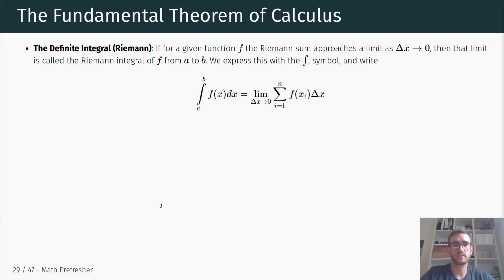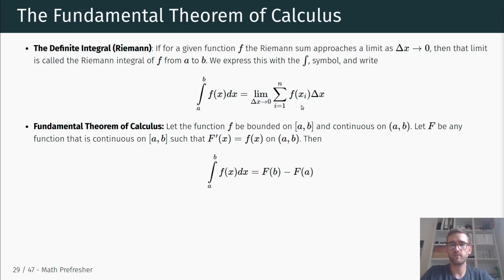And we can express this integral using, again, the integral symbol, and write this as the integral from a to b of f of x dx. And this can be shown as equal to the limit of delta x approaching 0 of the Riemann sum.